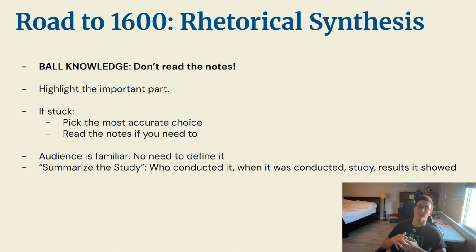If a question asks you to summarize a study, that doesn't mean they just want the steps they used to get to the study. They also want who conducted it, when it was conducted, and the results of the study too. So whichever choice best explains that, that's your correct answer.